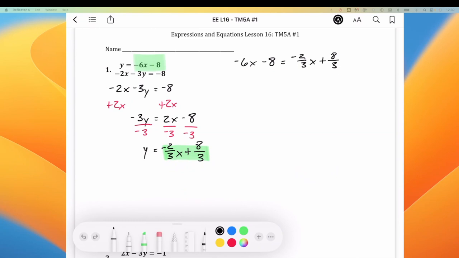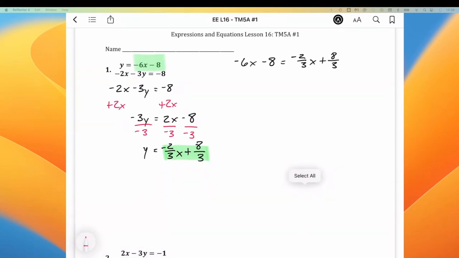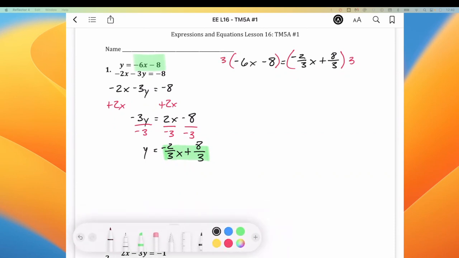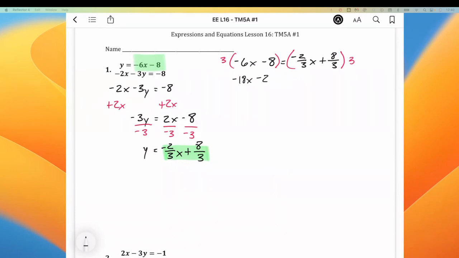And so if you remember from solving equations with fractions, to get rid of the fractions, we need to multiply both sides by 3. And so we get negative 18x minus 24 is equal to negative 6 over 3 x plus 24 over 3. Okay?